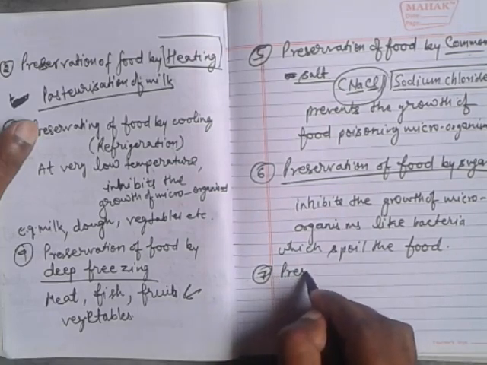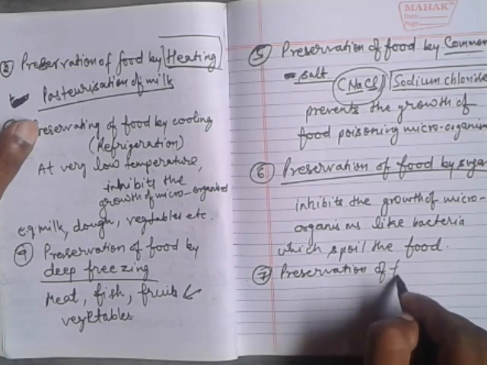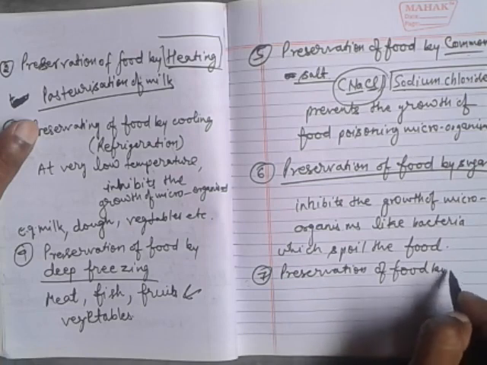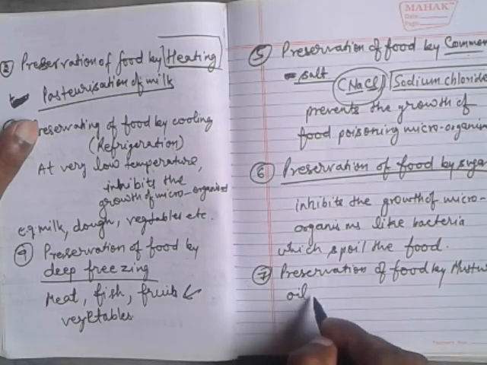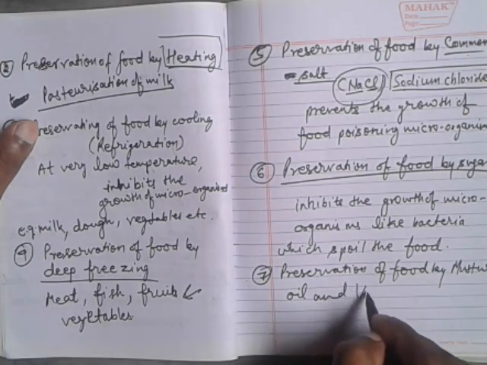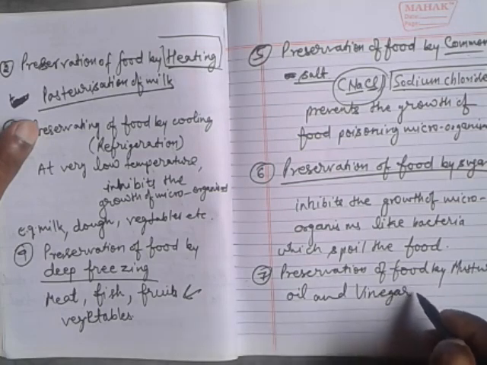So here preservation of food may also be done by using mustard oil and vinegar. Vinegar means sirka. In Hindi we call it sirka. Mustard oil and vinegar are commonly used as a preservative for the preservation of fruits and vegetables. Mostly they are used to preserve the pickles.